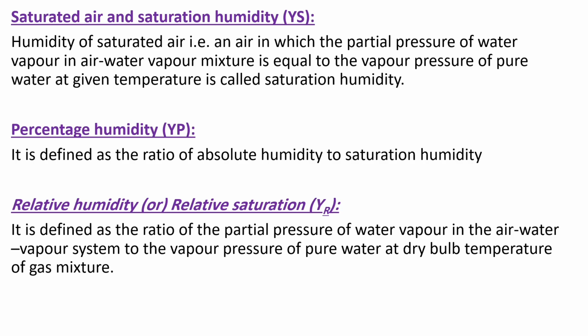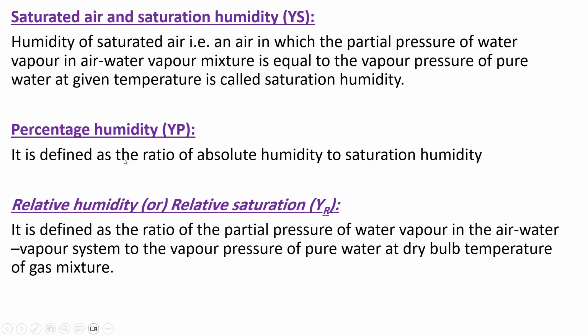And saturation humidity is the humidity of saturated air. So saturated air and saturation humidity are related to each other. Saturated air is when the air cannot hold more water vapor at that temperature, and the saturation humidity is the humidity of this saturated air.